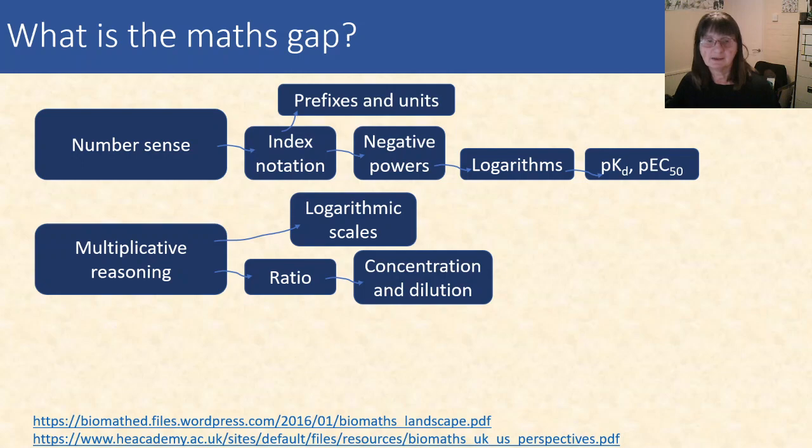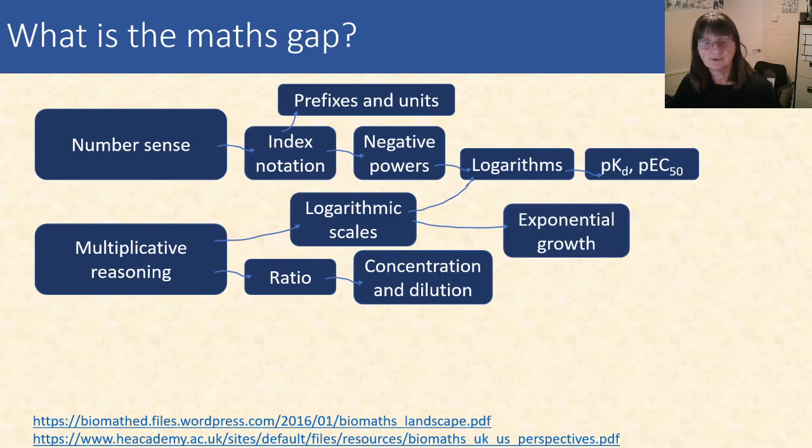Logarithmic scales, at least in England, with the latest curriculum reform in 2014, there's a much greater proportion of time devoted to logarithmic scales. So I think the students coming through now are generally speaking more confident in that. That's not so much of an issue, at least in England, anymore.